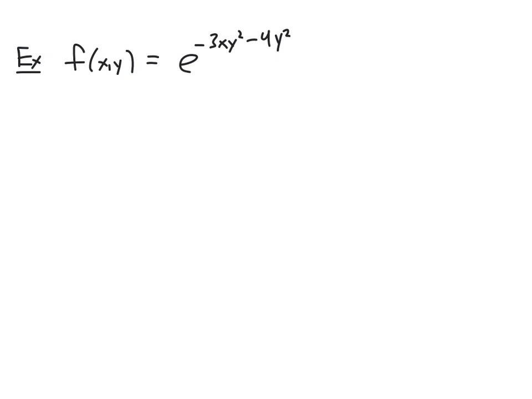If we look at it quickly, we see that the exponent is a polynomial, negative 3xy squared minus 4y squared, so that exponent is always continuous. And we know that e to the z, whatever we want to call that variable, is always continuous. So this is a composition of two continuous functions, and this function would be continuous everywhere in the entire plane.